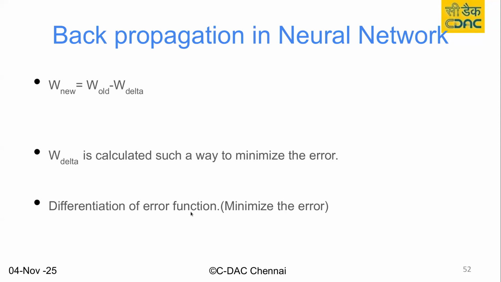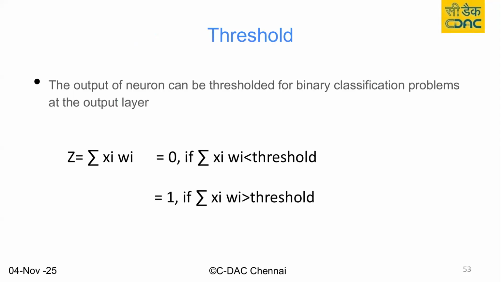The same principle is applied here. So here we will calculate d by dw, the value of the weight for which the error is minimum. Please refer to your old maxima and minima class problems to understand it better.